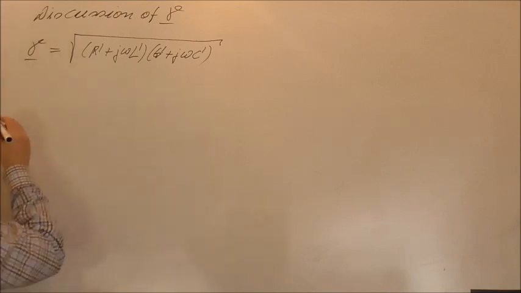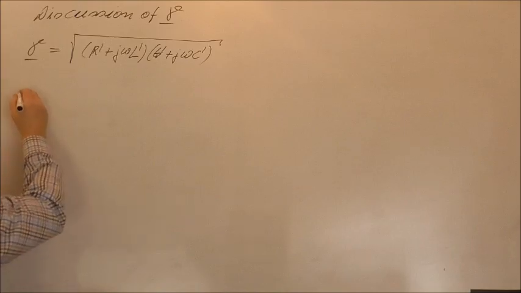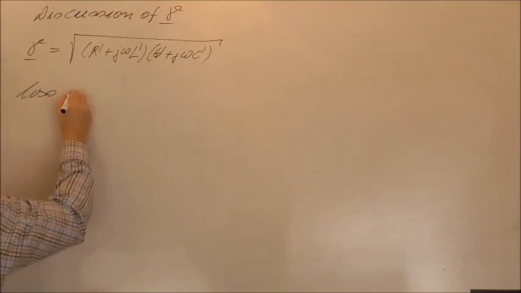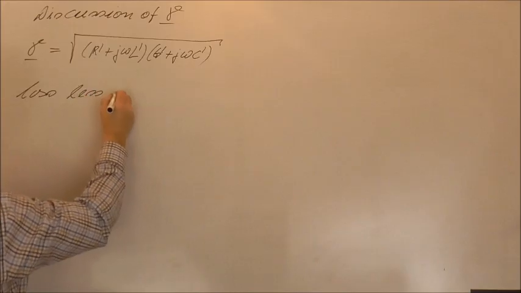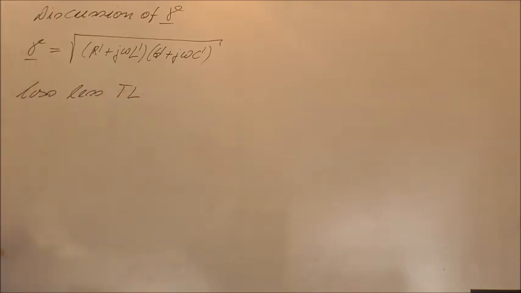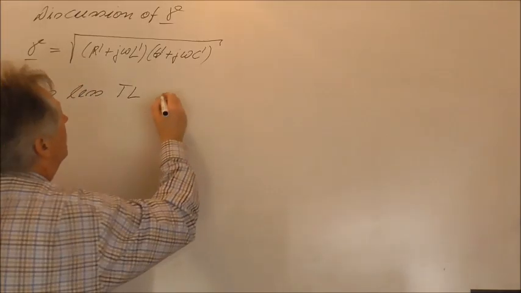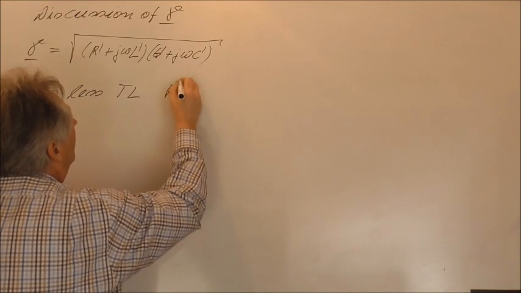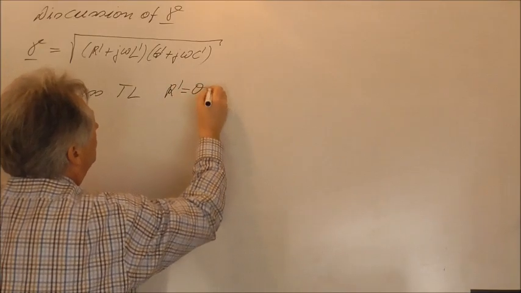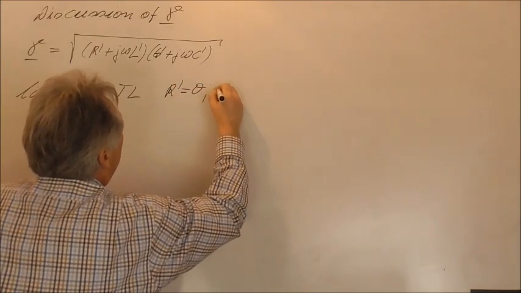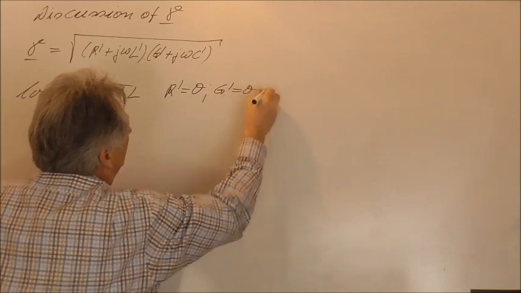To make it easier to understand what gamma describes, we want to discuss first a lossless transmission line. A lossless transmission line is described if R' is identical to 0 and also G' is identical to 0.